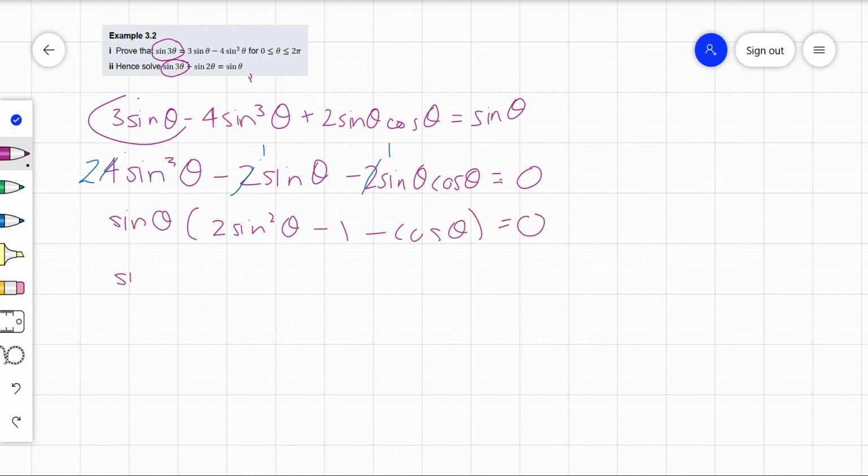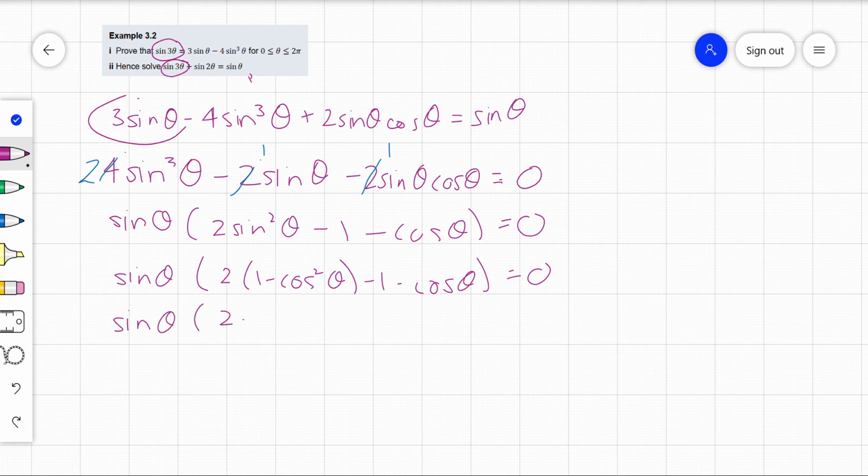Alright, and remember that sine squared theta is 1 minus cos squared theta. Hopefully this is getting us a little bit closer. And so here we're going to have 2 minus 2 cos squared theta, minus 1 minus cos theta. Cool. All right.